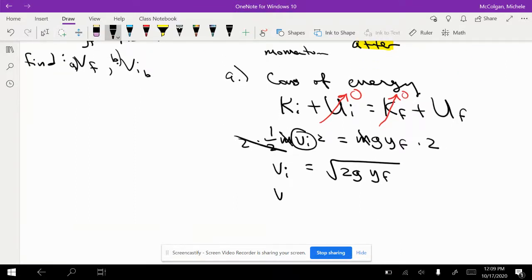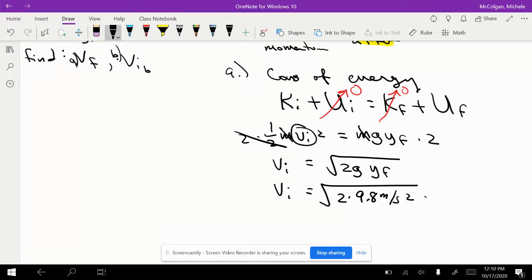Plugging in numbers, v initial is equal to the square root of 2 times 9.8 meters per second squared times 4.5 meters. And so v initial is equal to 9.4 meters per second.